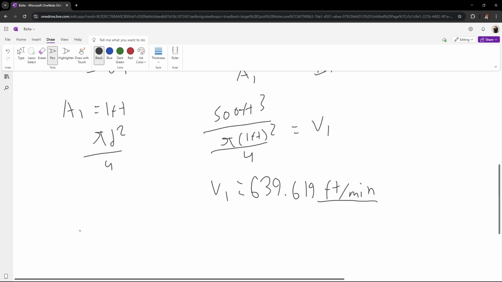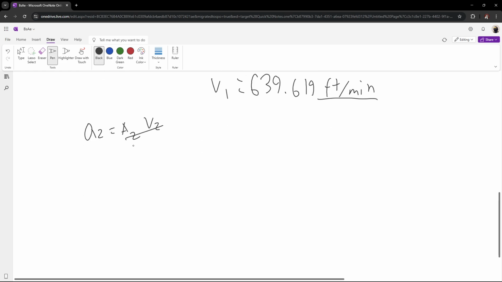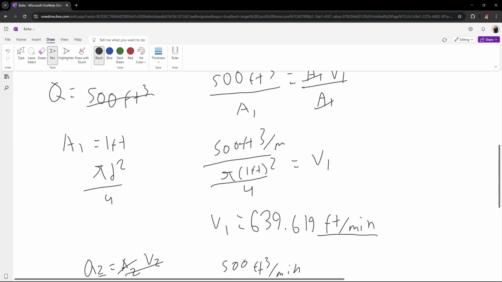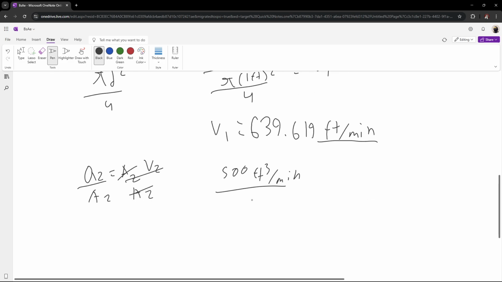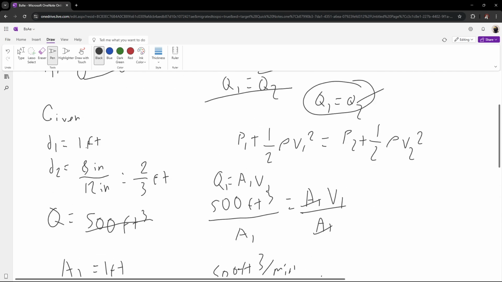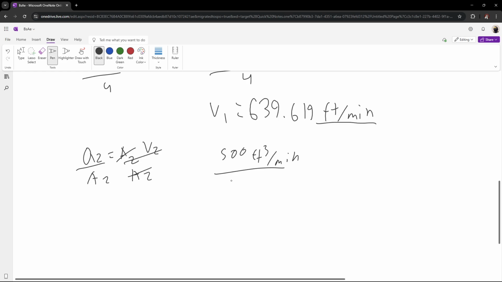Now for V2, we use Q2 is equal to A2 V2. Doing the same, divide by A2. We have Q2 of 500 foot cubed per minute. Area number 2 is pi times 2/3 foot squared over 4.